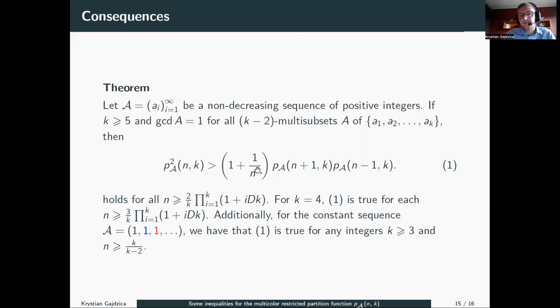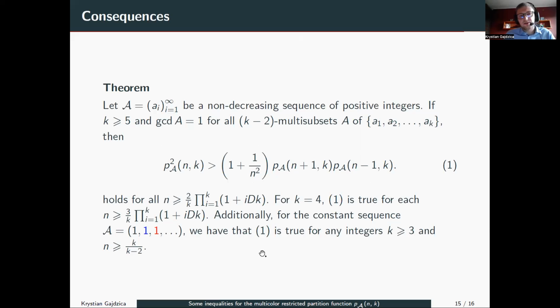So in some sense, it is the best one for the multicolor restricted partition function. What we can do is replace 1 by some larger number. I do not remember how large this number can be, but it might be slightly larger than 1.